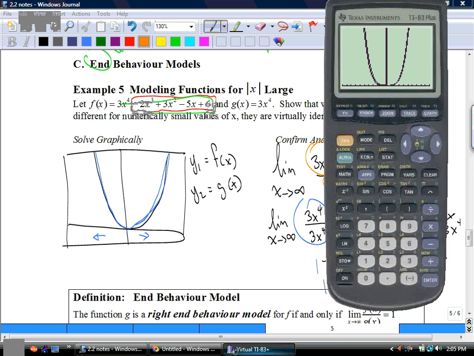Because if we looked at this graph over a much smaller window, they're not going to look the same. No. Edges of the graph, middle of it.